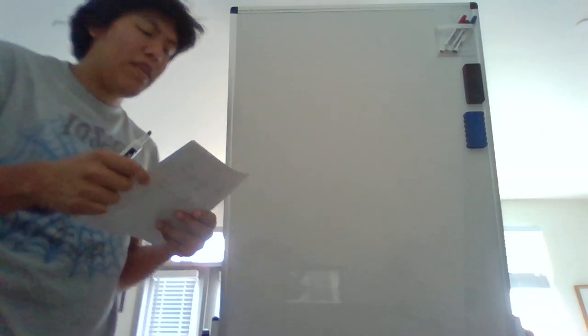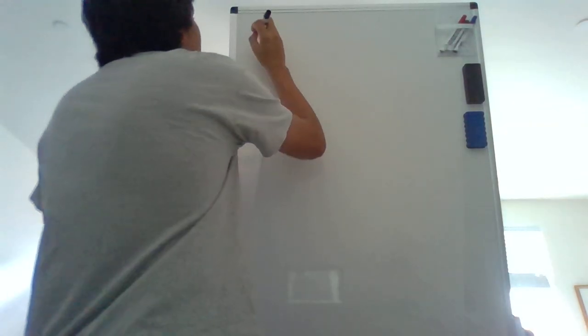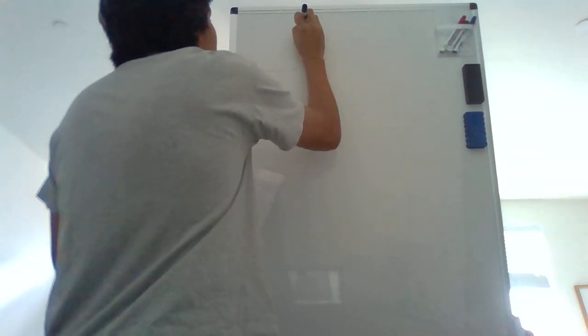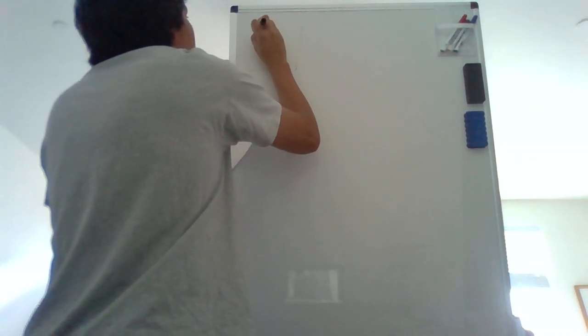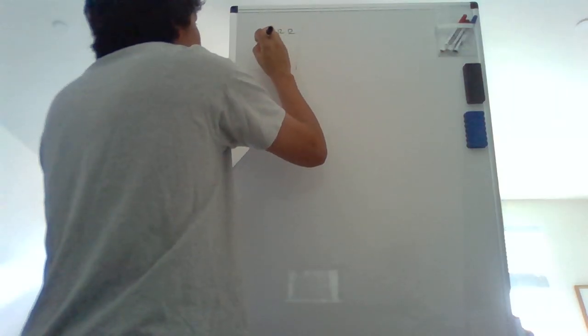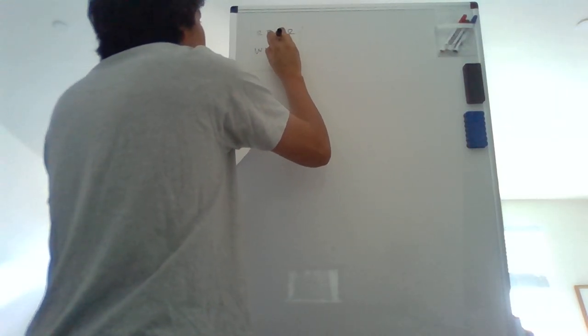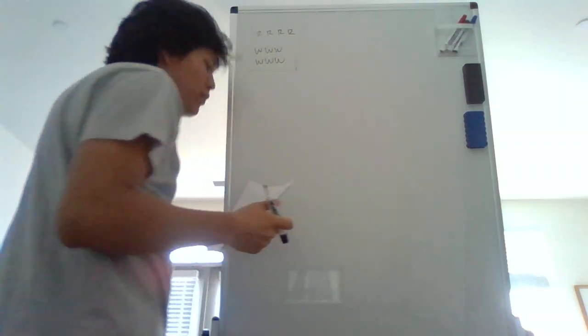Okay, so we'll kind of draw this out. So we have a box, and it has 4 red, 1, 2, 3, 4, and 6 white balls, 1, 2, 3, 4, 5, 6.